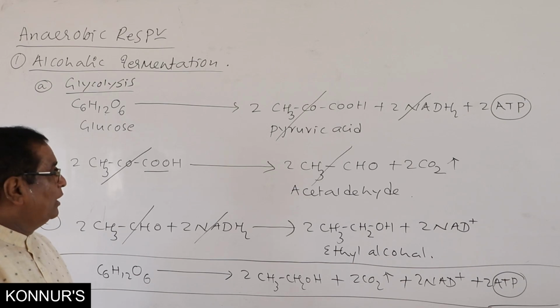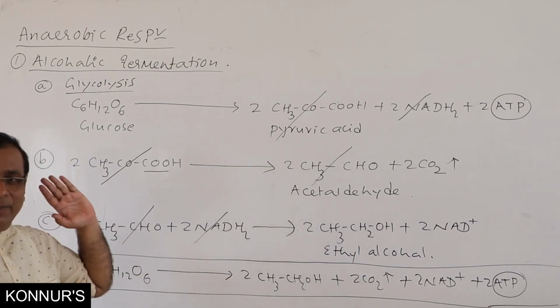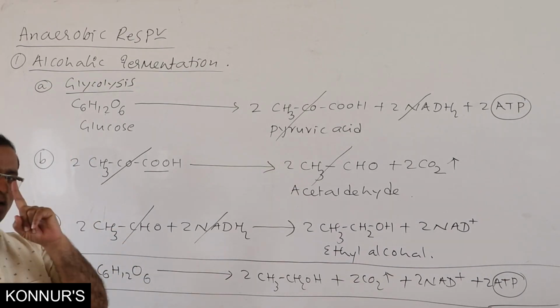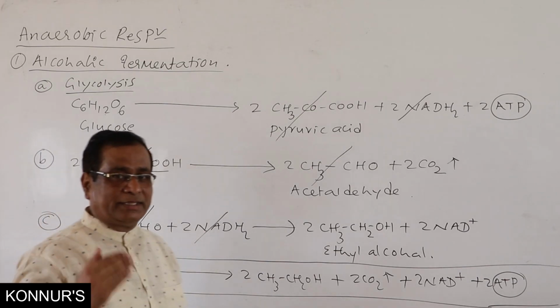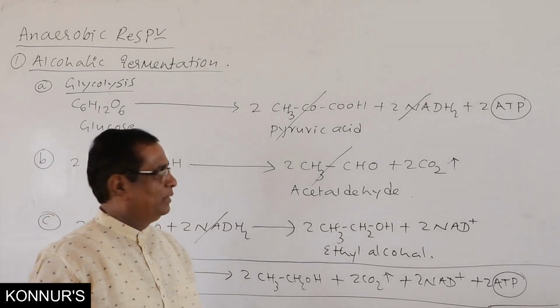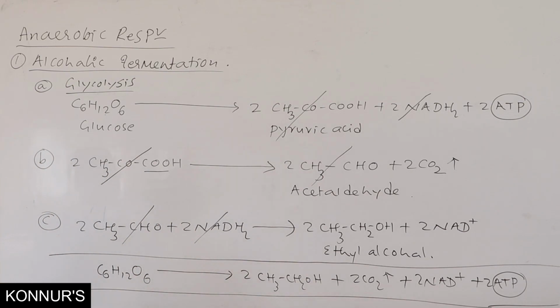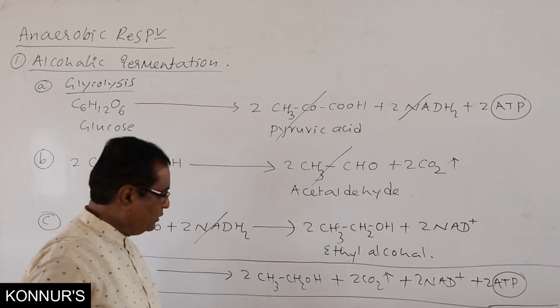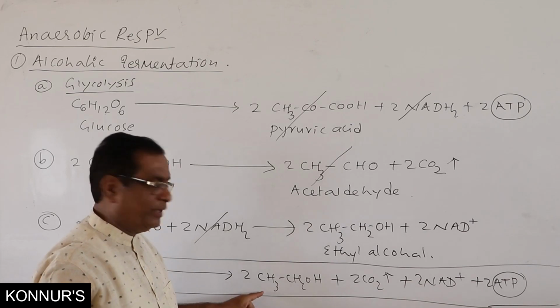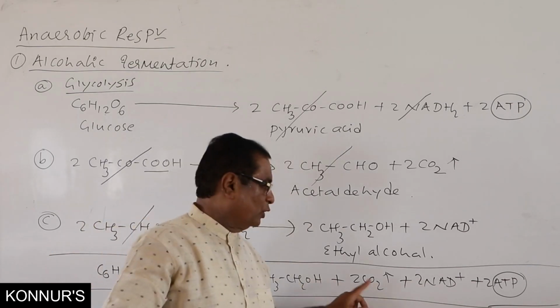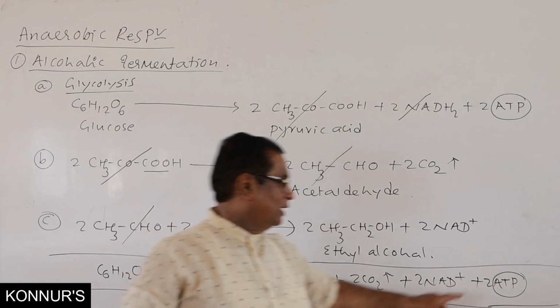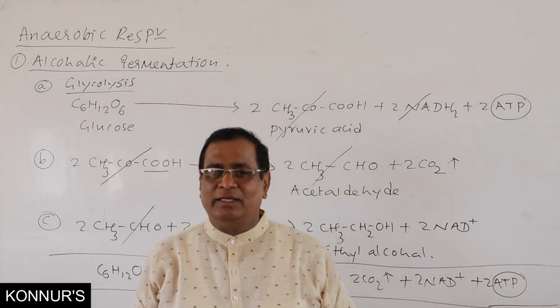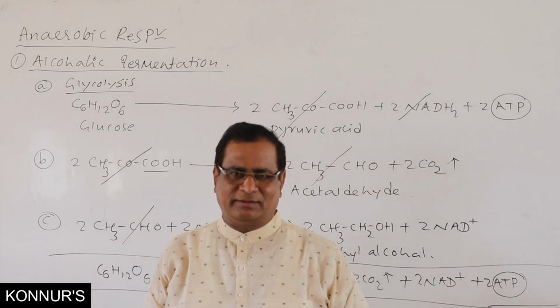See, in aerobic respiration, from 1 glucose, 36 ATPs are formed. But in anaerobic respiration, the first step is as it is. In alcoholic fermentation, we can see from 1 glucose, 2 molecules of ethyl alcohol and 2 molecules of CO2 are formed. The net gain of energy is just 2 ATPs.